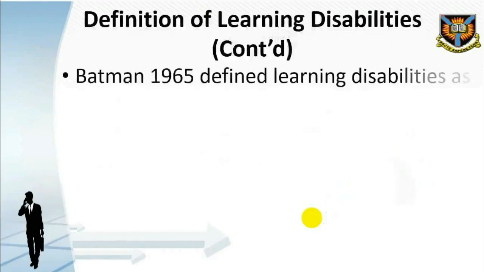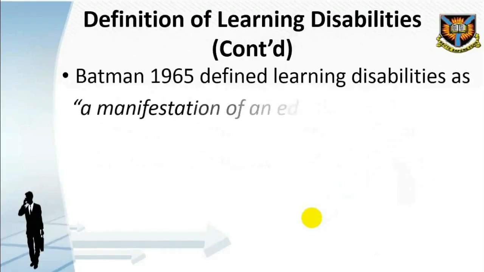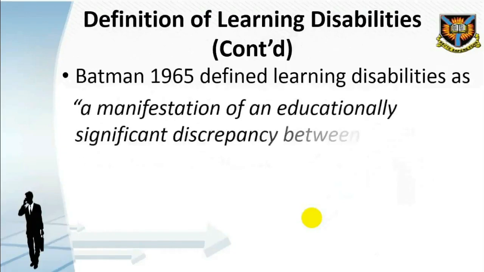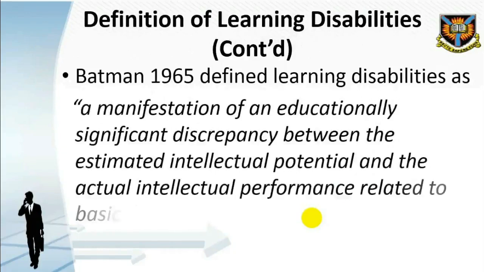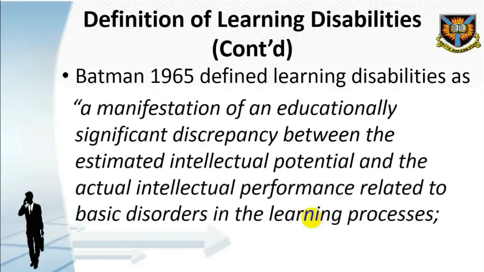Bateman, 1965, defined learning disabilities as a manifestation of an educationally significant discrepancy between the estimated intellectual potential and the actual intellectual performance related to basic disorder in the learning processes.